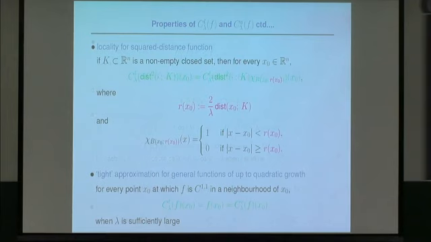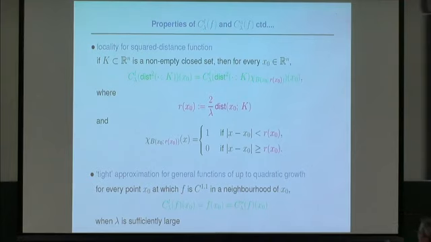Okay. Those are basic properties and they are important, but there are two properties which are extremely important for applications, and they are the following. The first one is a locality property, right? Here I'll state it for the square distance function because this is what we're going to be particularly working with, but locality properties hold in general.